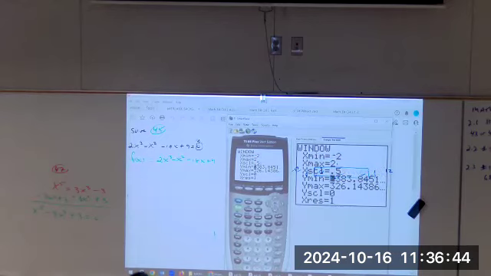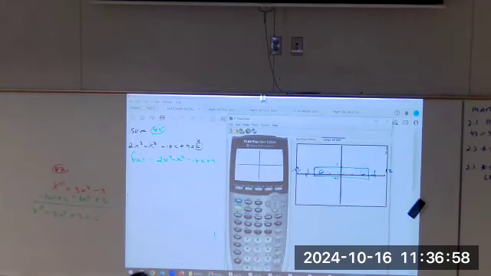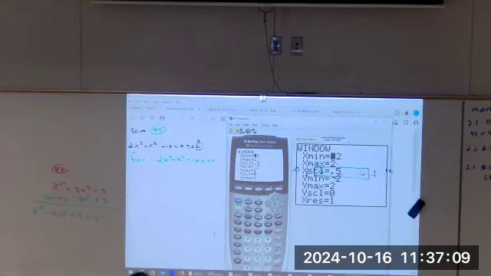Look at the Y values. They go from negative 383 to positive 326. That's a big chunk of Y's. I'm just going to change it from negative 2 to 50.